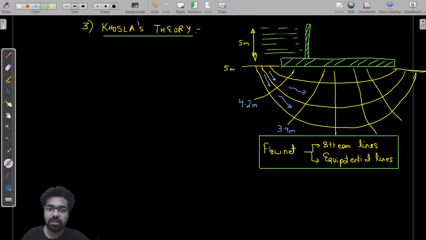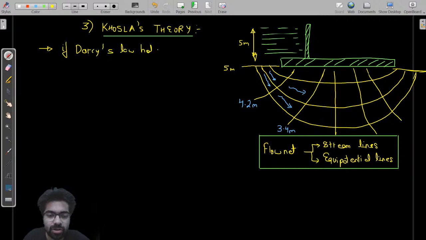Then, in soil mechanics, wait, let me write down one point. In soil mechanics, you all know this has been established both theoretically and experimentally. If Darcy law holds, and what is Darcy law? Anyone know?